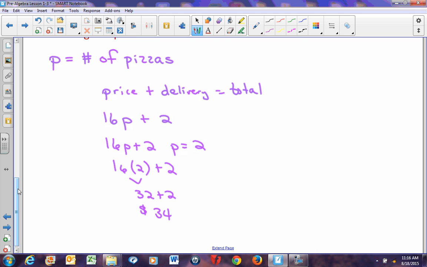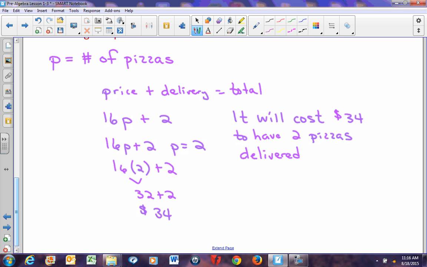So it will cost me $34 to have pizzas delivered. And there you have variables and expressions.